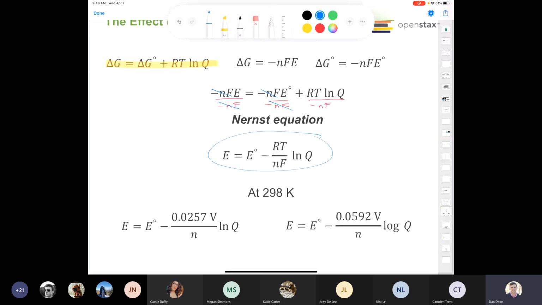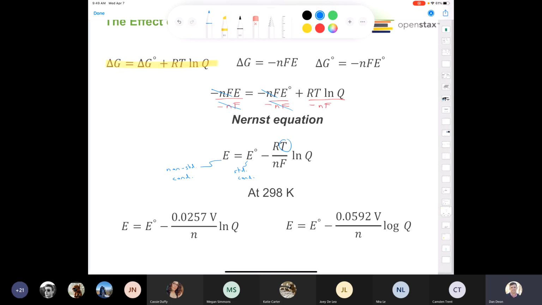So E for our cell, we leave the subscript cell just to make it simple, under non-standard conditions is equal to E naught cell, which is at standard conditions, subtract RT over NF multiplied by the ln of Q. Now, temperature can vary, but when we're setting up galvanic cells, we're usually dealing with aqueous solutions at around 25 degrees Celsius.